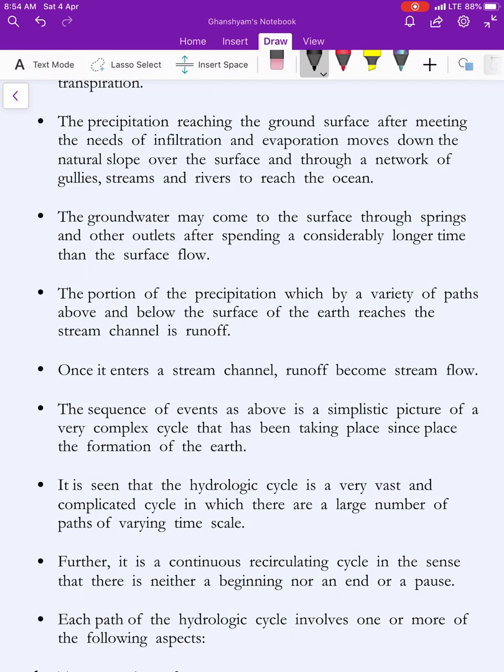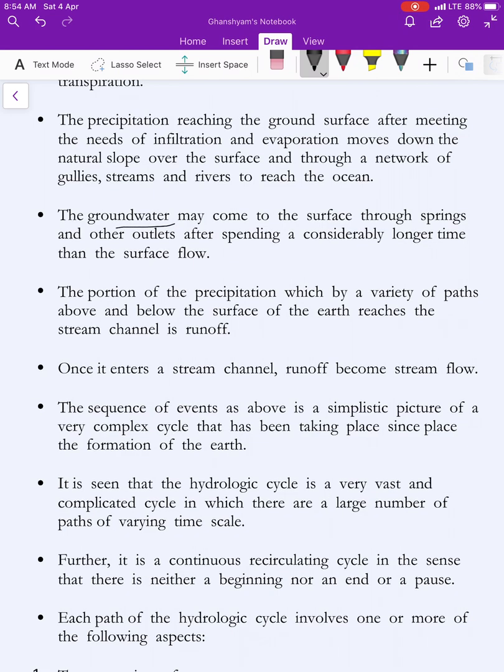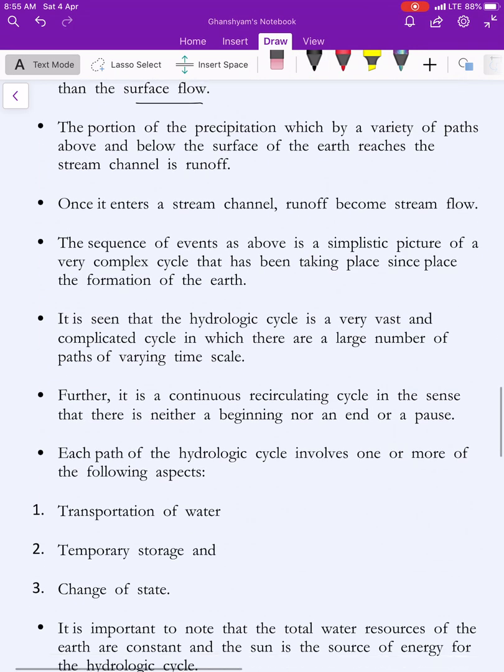So after water comes to the earth surface, either it will move down as groundwater flow, or it will flow on the surface. Groundwater obviously will take a much larger time.